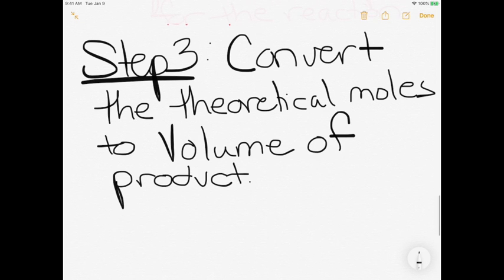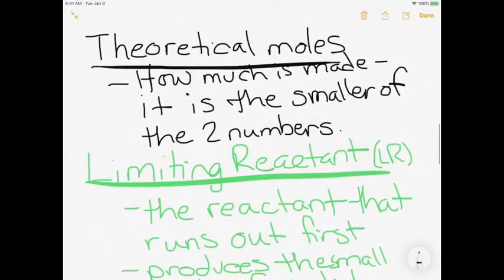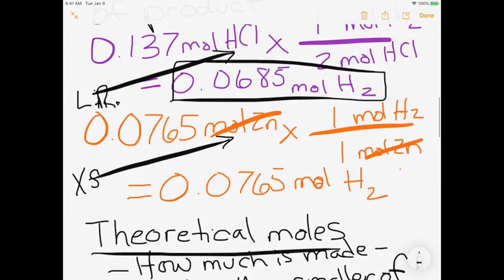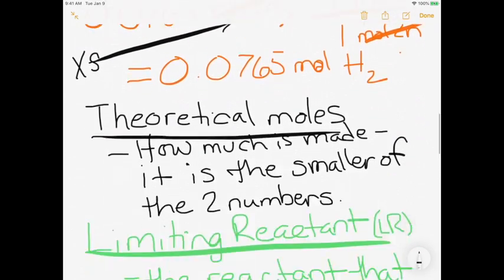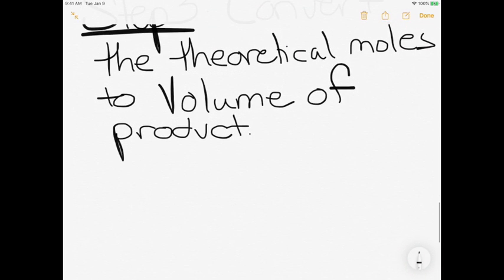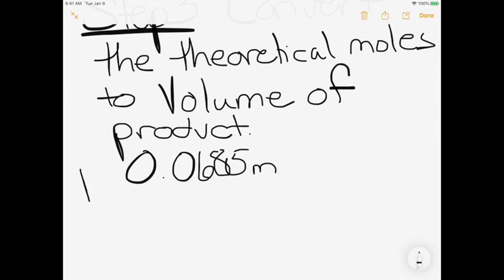And so from our number up above, the one that we can use is 0.0685 moles. And we're trying to solve for V.